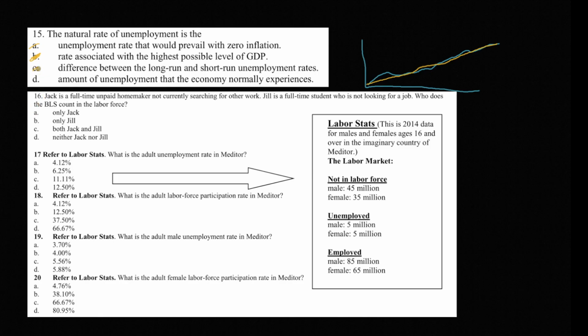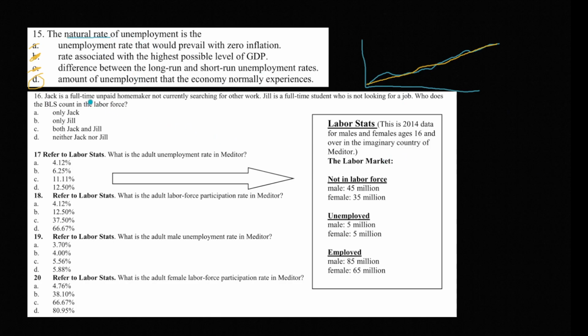Yeah, no. It is the normal amount of unemployment. I think that kind of makes sense from the question. Like, the natural rate, normal amount of unemployment. I think most people could probably get that from the question. Okay.